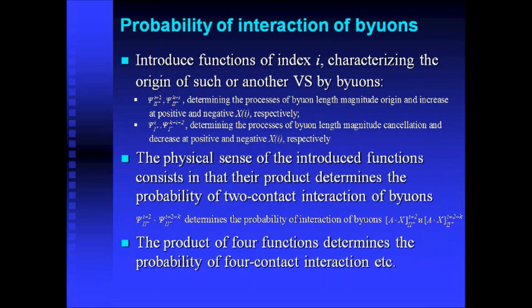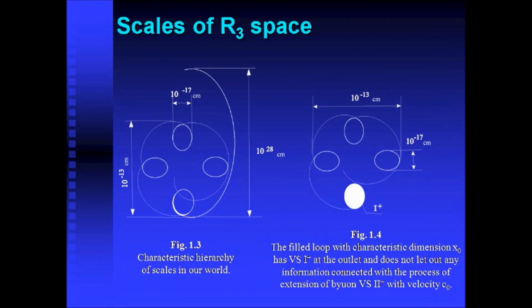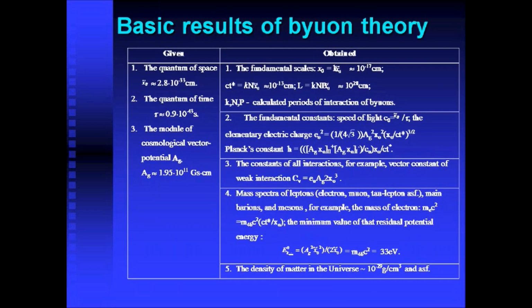We calculate the basic scale of our world. The existence of vacuum state 1 plus with probability equal to 100% provides stability of elementary particles, such as electrons. We see the table of basic results of ion theory. You can read more in my books and articles.